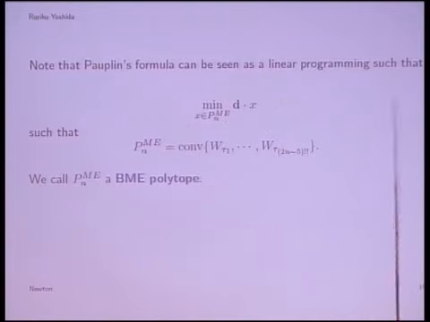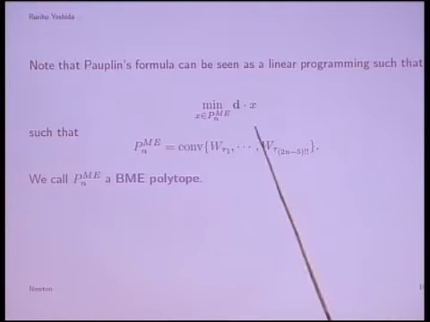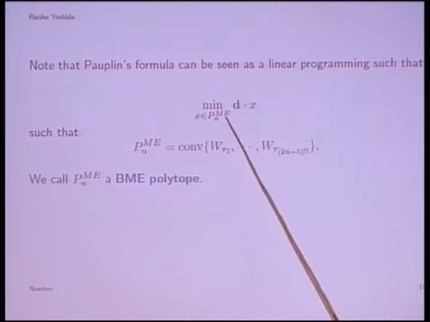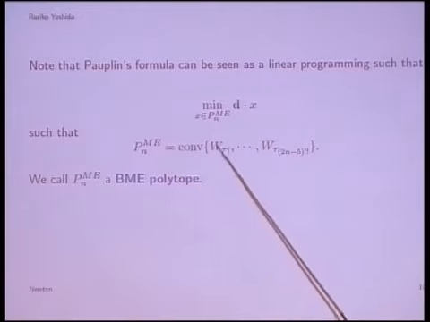Okay, so if you look at the facts we have, you can see this as a linear programming problem, minimizing D times X, where D is the vectorized distance matrix, and X is in the convex hull of these W tau.